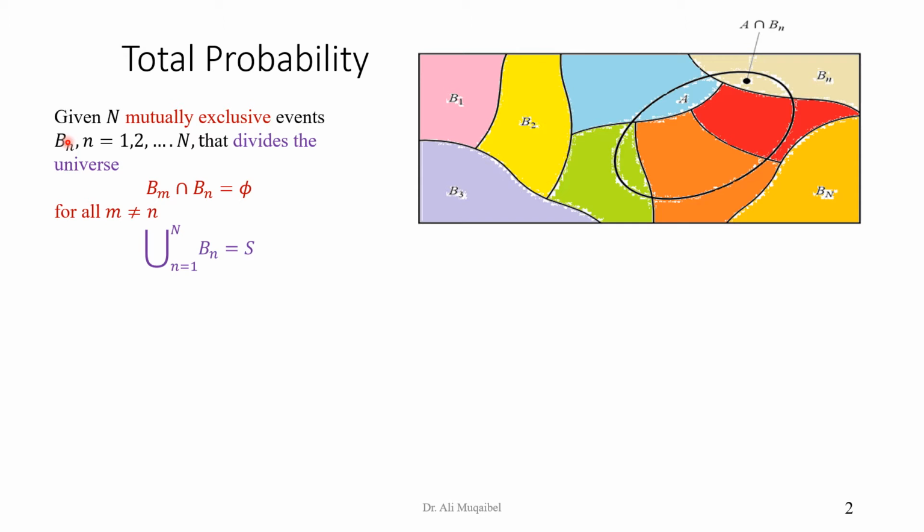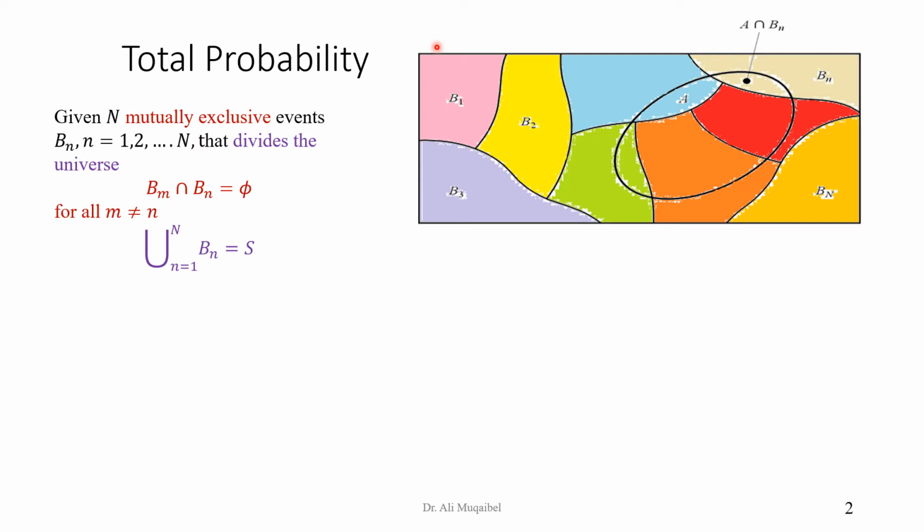So we're saying here, given n mutually exclusive events, we call them B sub n, where n goes from 1 to capital N, that divides the universe. You can see here we have color match. The red says mutually exclusive. Mathematically, we say that the intersection between any two of these sets is going to be phi, which means they are not intersecting. Of course, for any value of m not equal to n, because if m equals n, it means you are comparing the set with itself.